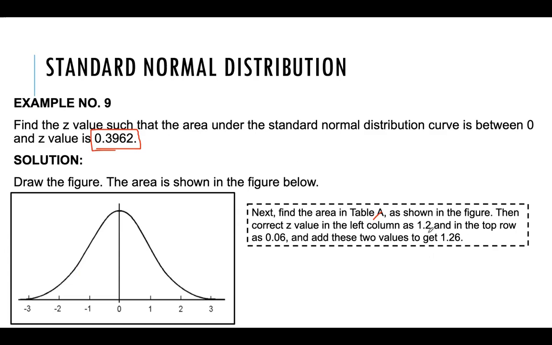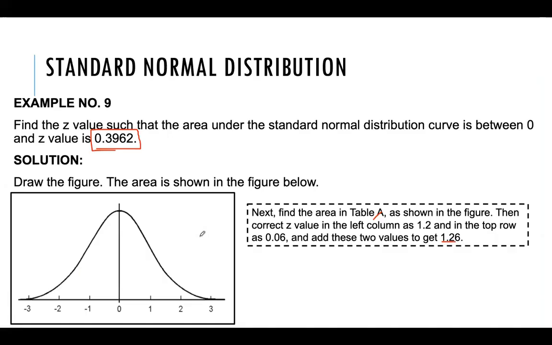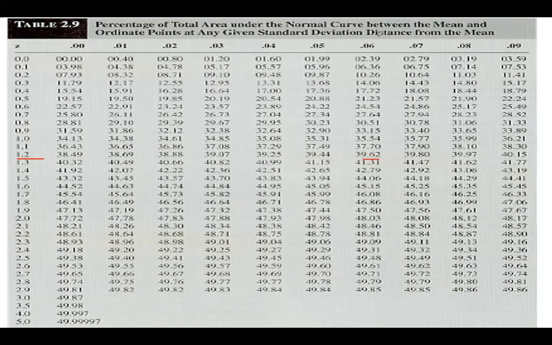For example, the z value of 1.26: 1.2, then 0.06. Is that right? Yes, that is 39.62.